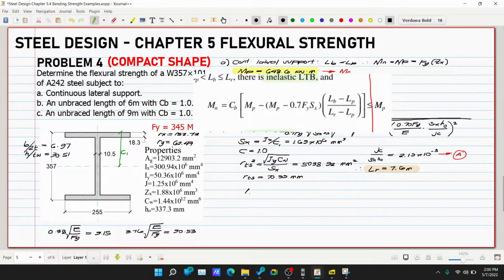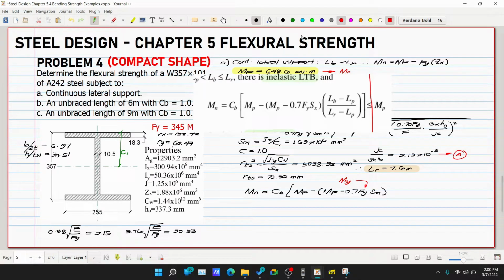So, yung ating MN is equivalent to CB multiplied by MP minus 0.7 of FY SX. Actually, itong FYSX na to is MY, hindi ba? Na-observe nyo ba? This is yield moment, yung FYSX. So pwede natin i-rewrite na MP minus 0.7 of the yield moment.